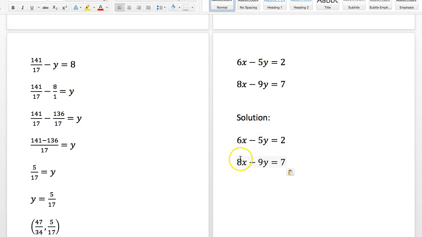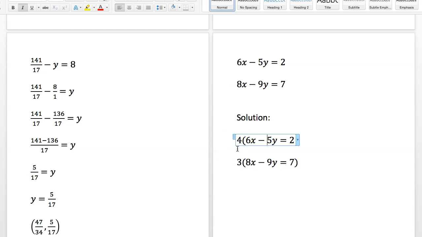If you use your fingers and counted by 8s, you would do 8. 8 itself is not a multiple of 6. And then 8 times 2 is 16, still not. But then 8 times 3 is 24. There you go. So what we need to do is multiply by 3 to get that 24. That's how you do it. And we want 6 to turn into 24.